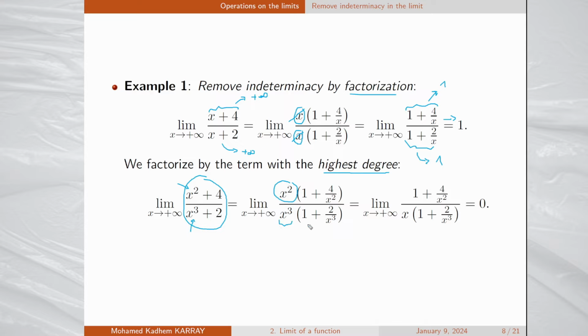And in this way, we get also this ratio here. So the numerator will go to 1. The denominator will go to plus infinity multiplied by 1, which goes to plus infinity. So the limit here is 1 divided by plus infinity, which gives 0.